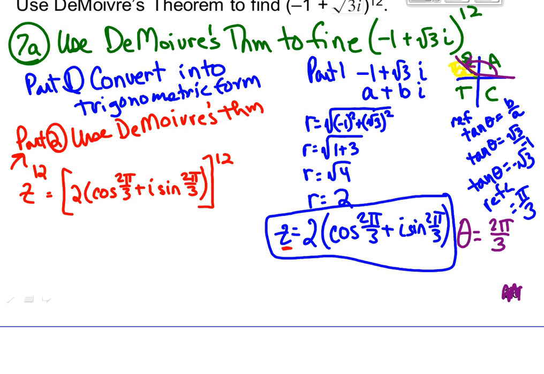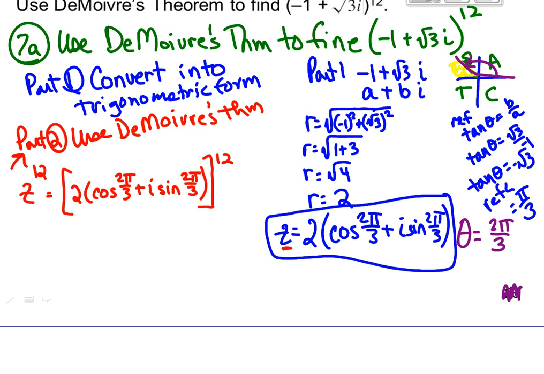So the 2 here is my modulus, so I'm going to take 2 to the 12th. That's where I'm going to get these parts. And then for my angle, I'm going to take 2 pi over 3 times 12. And that's how I'm going to use de Moivre's theorem for this problem.